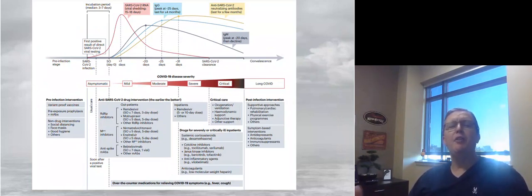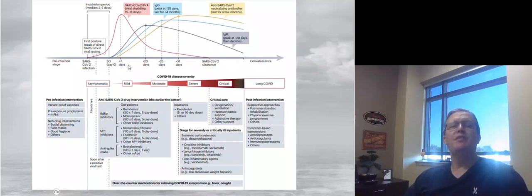This slide is another representation of the progression of COVID-19 and where the treatments fit. I just wanted to provide this to you so that you can see the incubation period, which this is for SARS, but so you would change this number up here to 14 days.